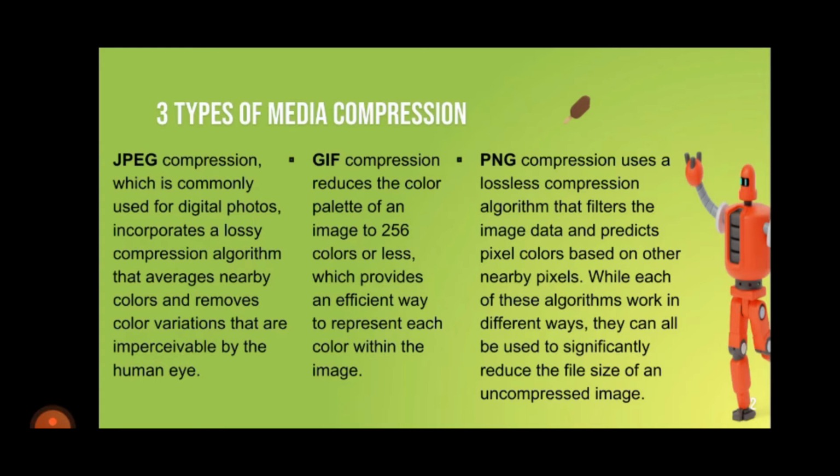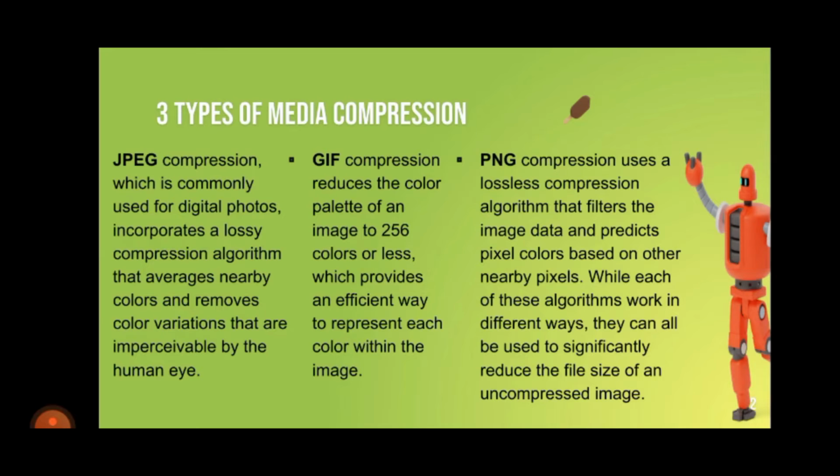JPEG compression, which is commonly used for digital photos, incorporates a lossy compression algorithm that averages nearby colors and removes color variation that is imperceptible to the human eye. GIF compression reduces the color palette of an image to 256 colors or less, which provides an efficient way to represent each color within the image.